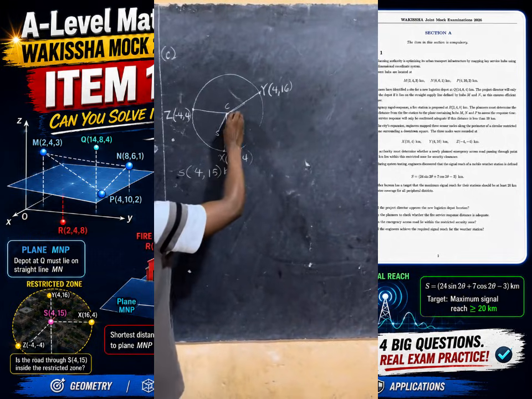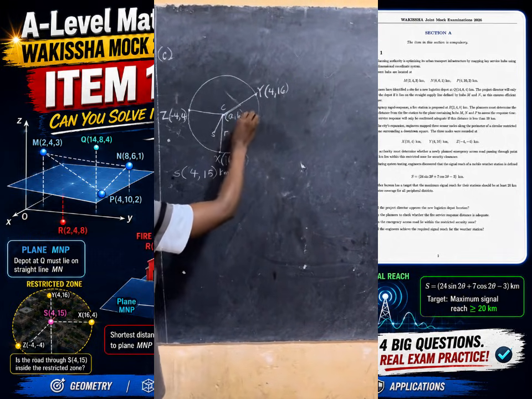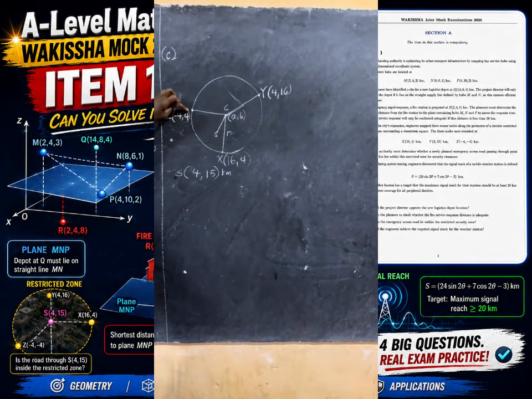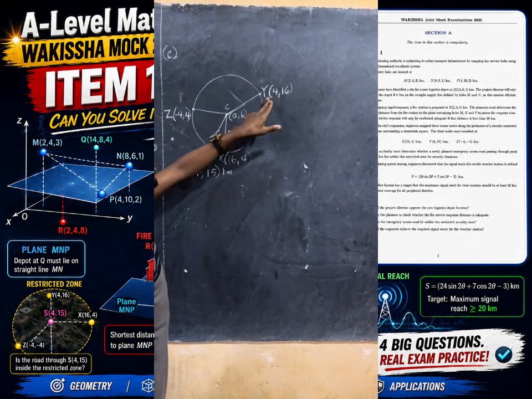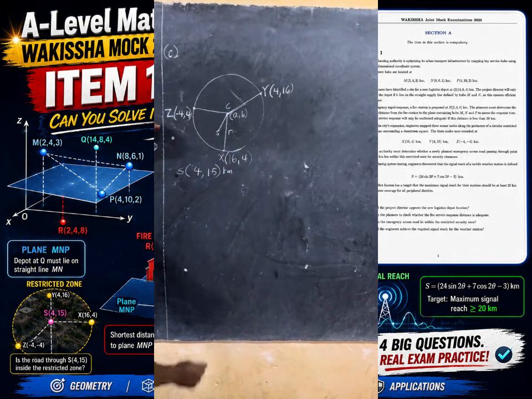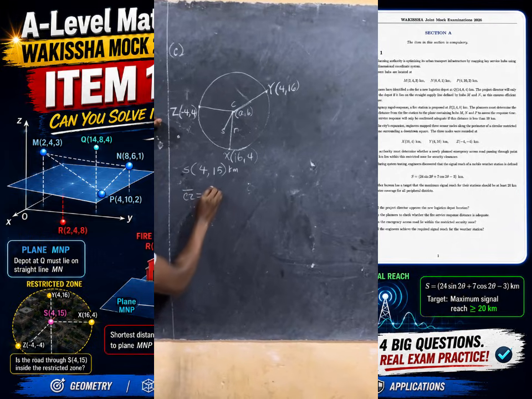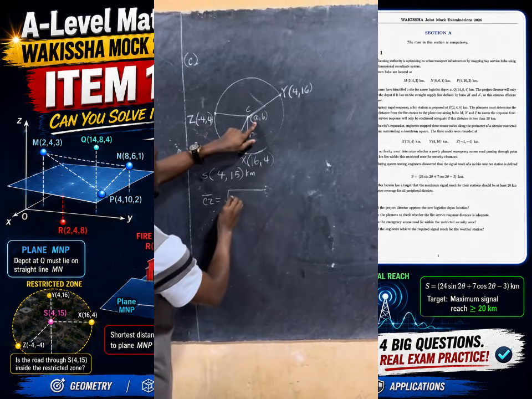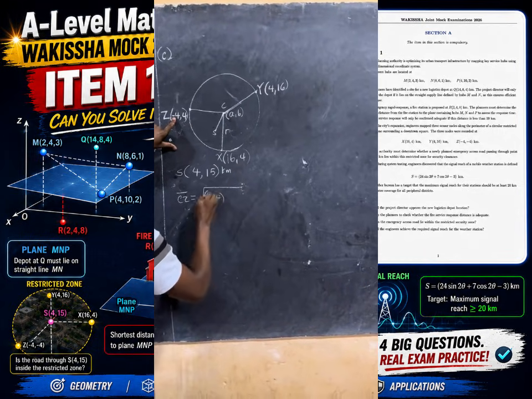Let me call the center point A, B. Now I'm going to get the equation of Z and C, the equation of Y and C, and the equation of X and C. They are supposed to be equal. So I'm saying CZ is going to be the square root of, let me say, (a minus 4), but all of this is squared.